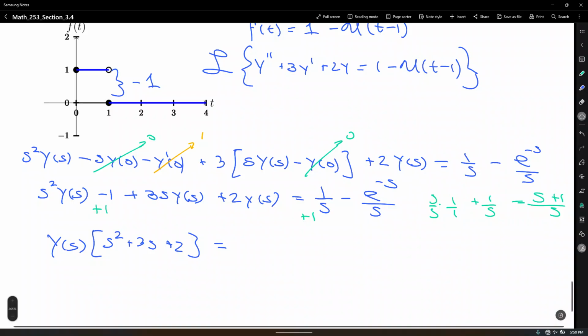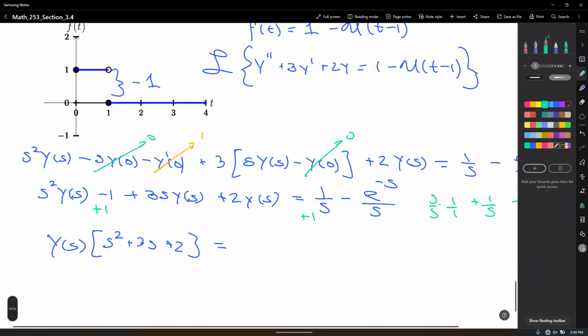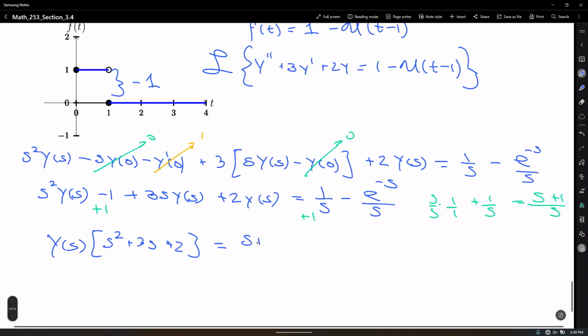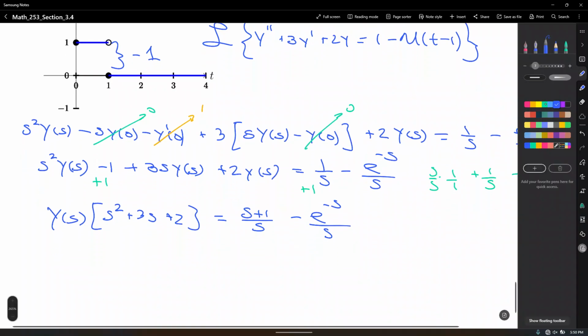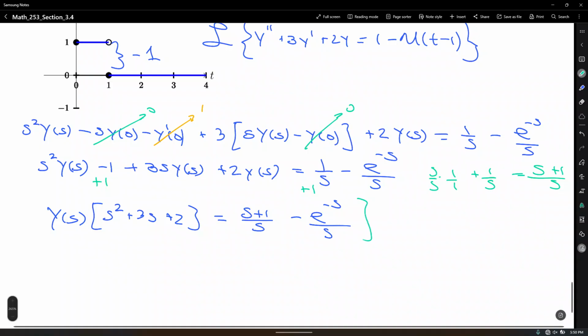So this would be equal to s plus 1 over s minus e to the negative s over s. Again, divide both sides by the trinomial, or even better, multiply by the reciprocal.